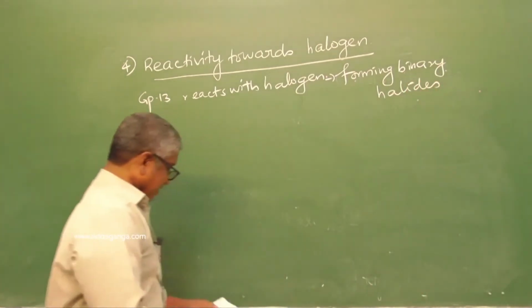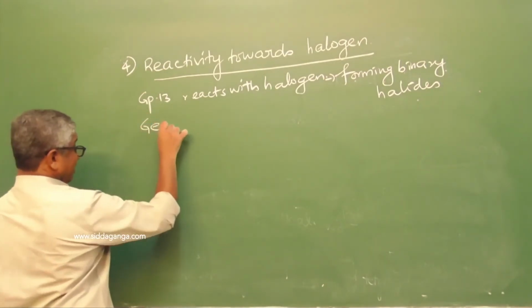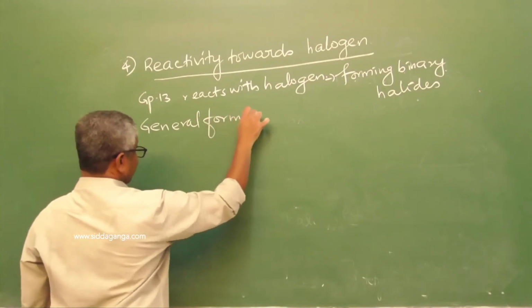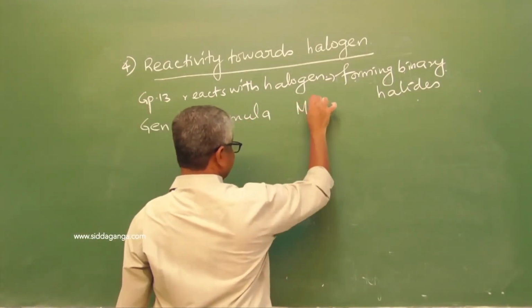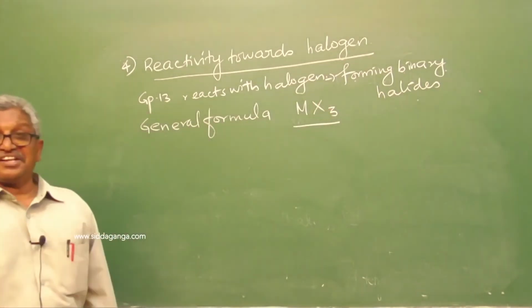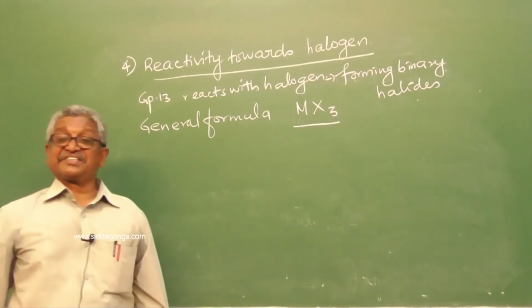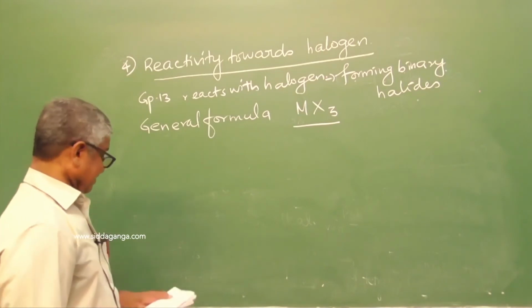The general formula is MX3. If 13th group elements react with the halogens, the general formula is MX3.